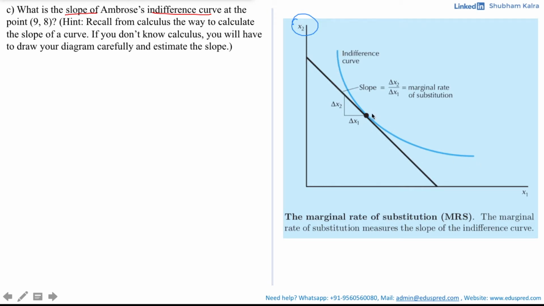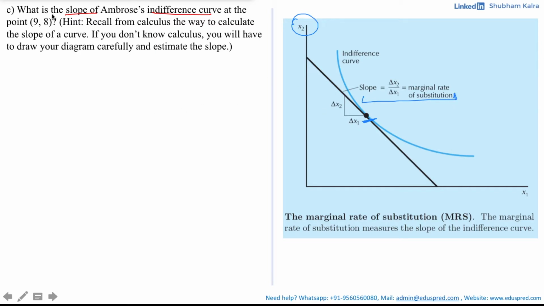Now if I want to evaluate the slope of the indifference curve at this black consumption bundle, then I have to draw the tangent at this consumption bundle and estimate the slope of that tangent. So the slope of the tangent at this point will be the slope of the indifference curve at this point, or you can say that it will be the marginal rate of substitution at this point, which is being summarized here. So let's apply this concept.